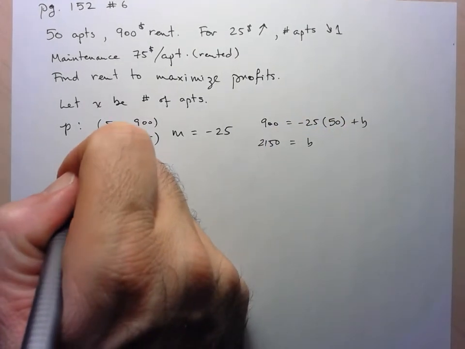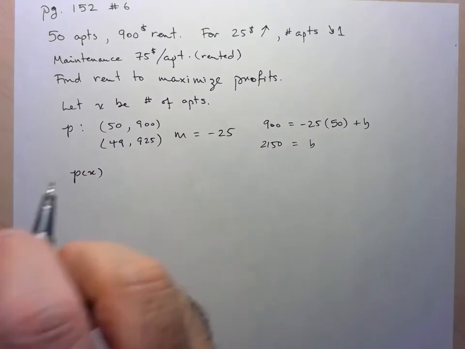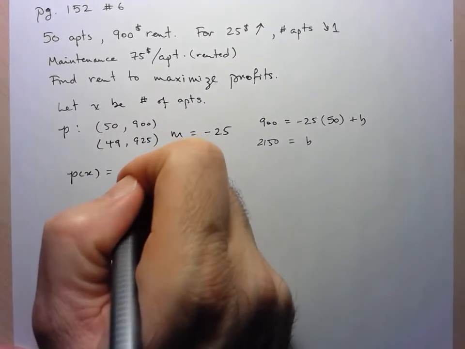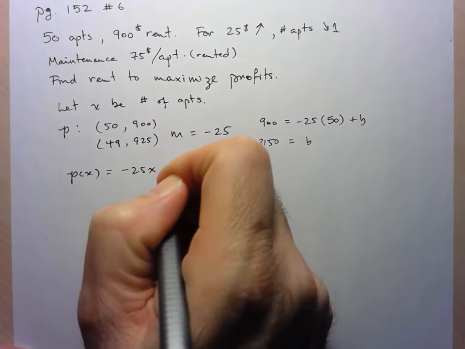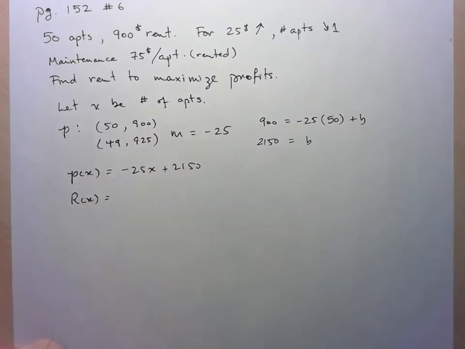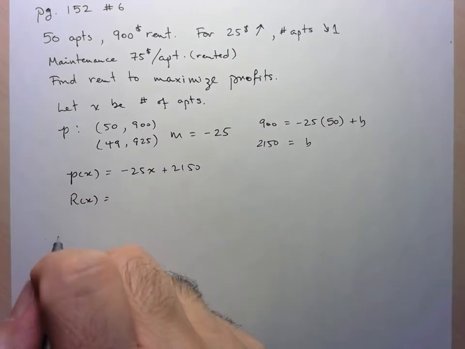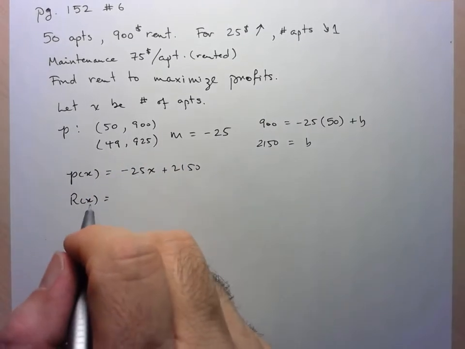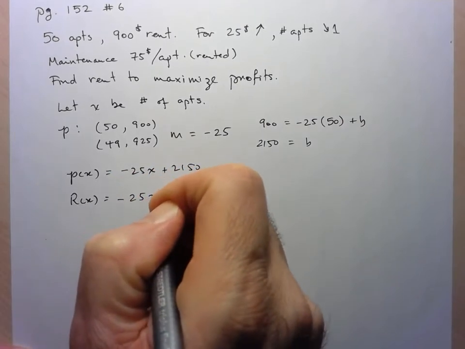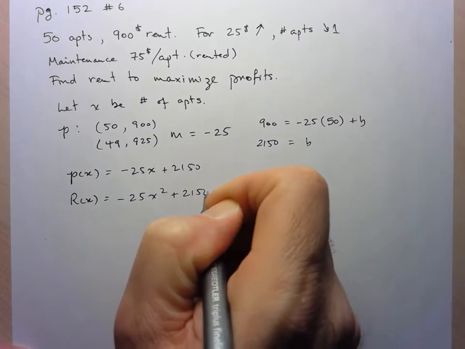So my price function, again with x being the number of apartments, is just -25x plus 2150. My revenue is going to be x times that, because it's the number of apartments rented times the price of each one. So that's just -25x squared plus 2150x.